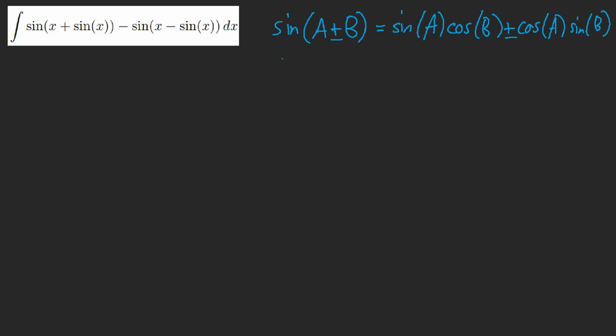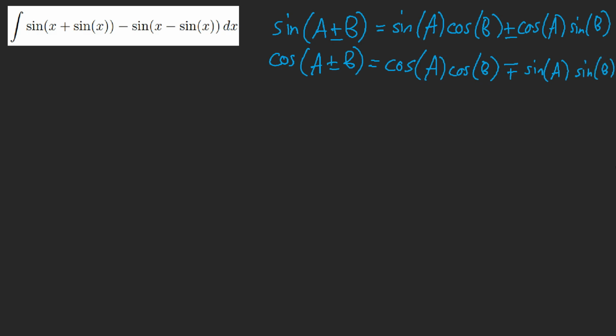Okay, with cosine, it's different. Instead of sine cosine cosine sine, it's cosine cosine sine sine. Okay, cosine cosine sine sine. And instead of plus or minus, the signs actually switch. So it's minus plus. Then sine sine.